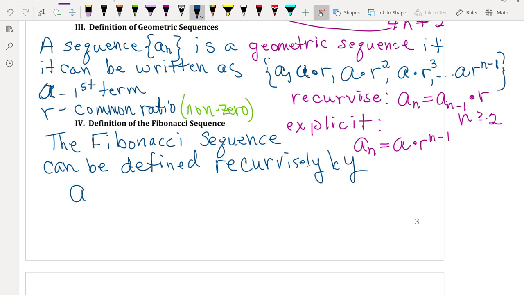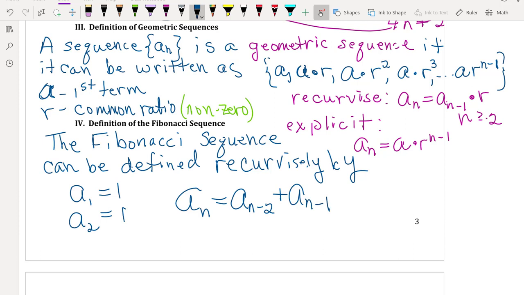We define a1 as 1 and a2 as 1. And then all the other terms are a sub n minus 2 plus a sub n minus 1. And of course, this is for all positive integers n greater than or equal to 3.